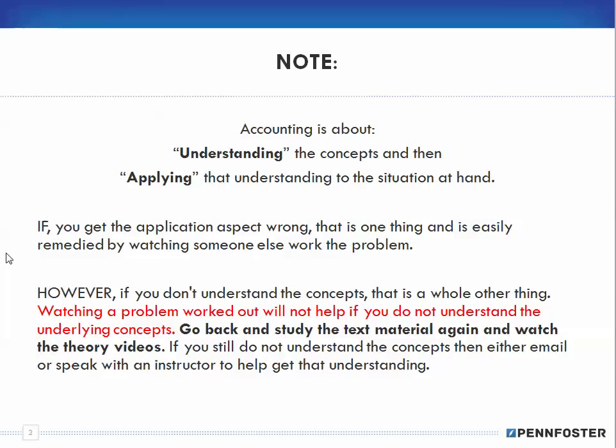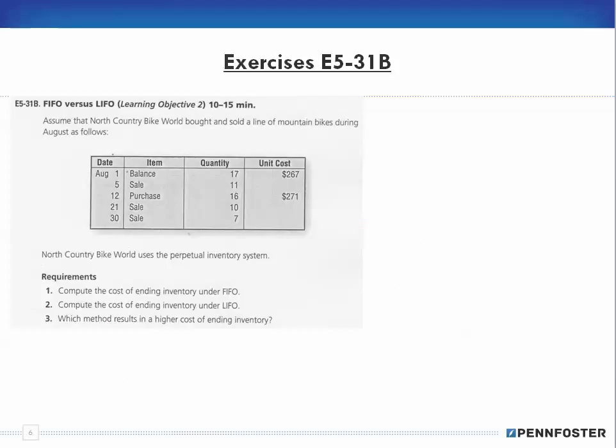All right, so let's jump down here to problem 5-31. Now, 5-28, 29, and 30 were basically FIFO, LIFO, and average cost.